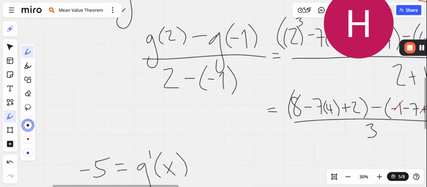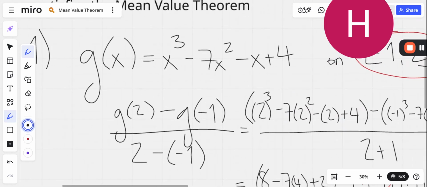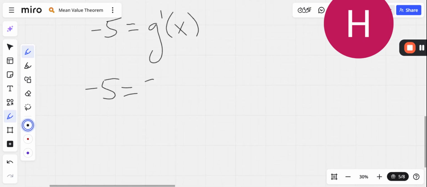We didn't take the derivative, so let's take a moment to determine that. G prime of x equals, well, this is simply some power rule business, 3x squared minus 14x minus 1. All right, and this is not going to be an obvious one to solve, I don't think. Let's set this equal. 3x squared minus 14x minus 1.